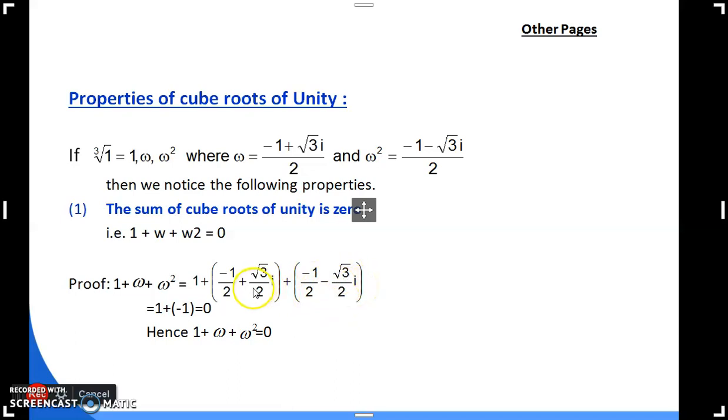By solving these brackets, root 3 by 2i and minus root 3 by 2i are cancelled. Then minus 1 by 2 minus 1 by 2 is minus 1. Then 1 minus 1 equal to 0. Then we have 1 plus omega plus omega square equal to 0.